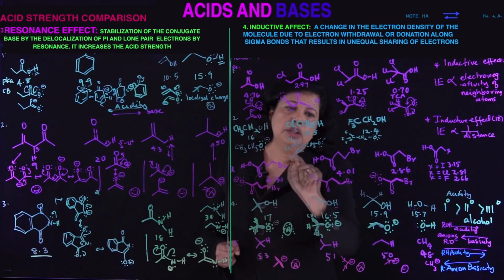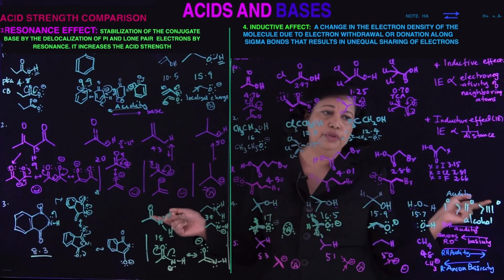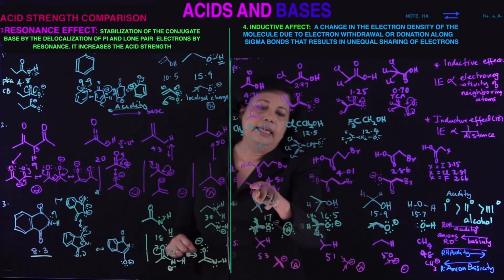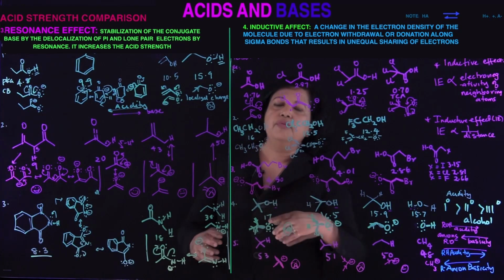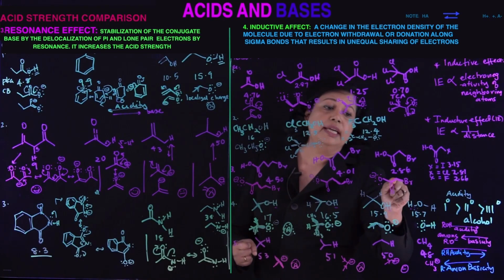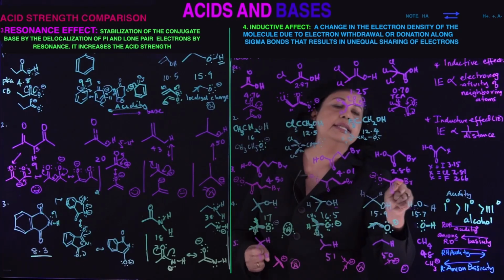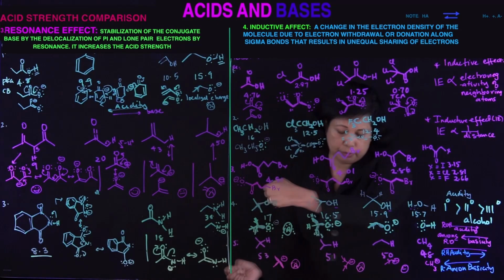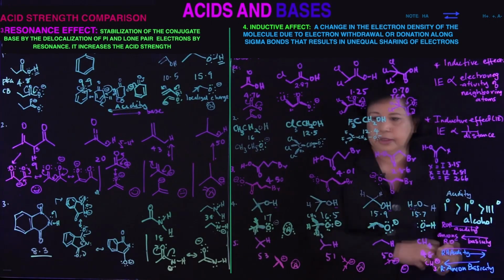And the distance also is a huge factor, because if you have many carbon atoms in between, the effect falls off with distance. Whereas if it's really close to where the anion is, then it stabilizes a lot better because it has sigma bonds to pull that charge through.